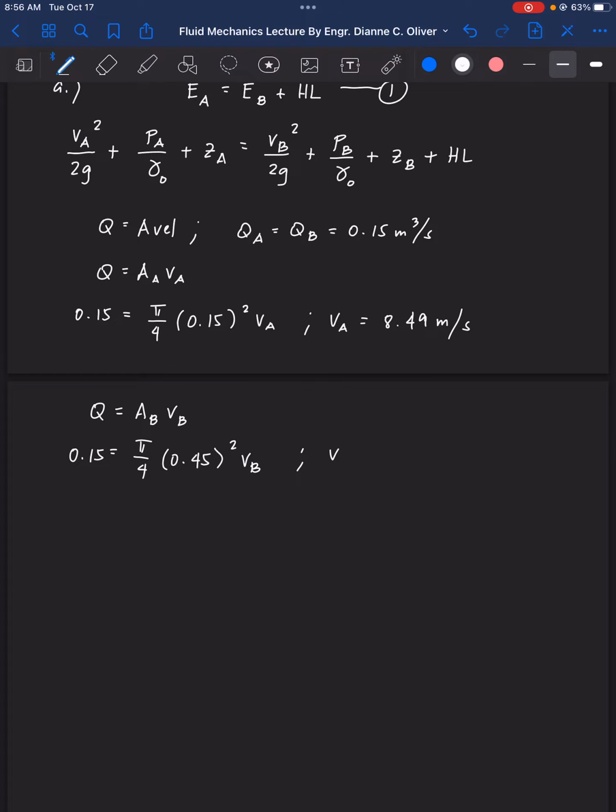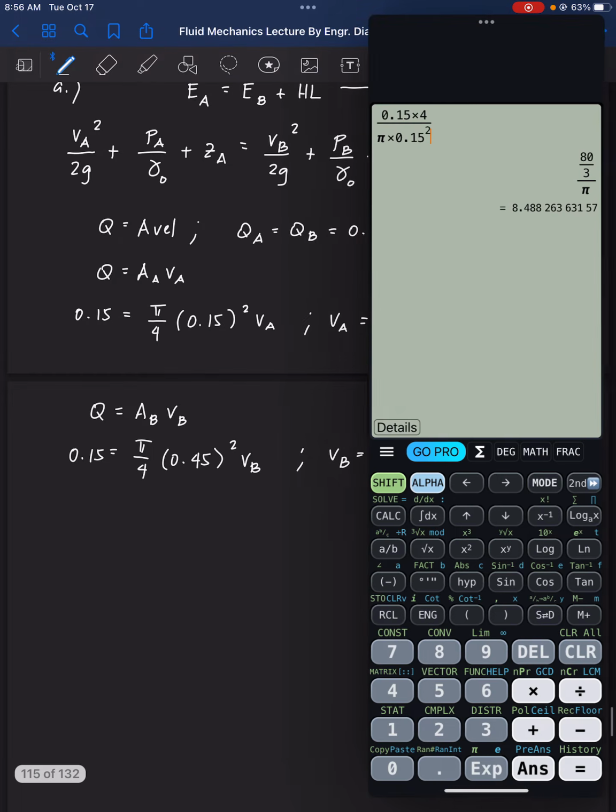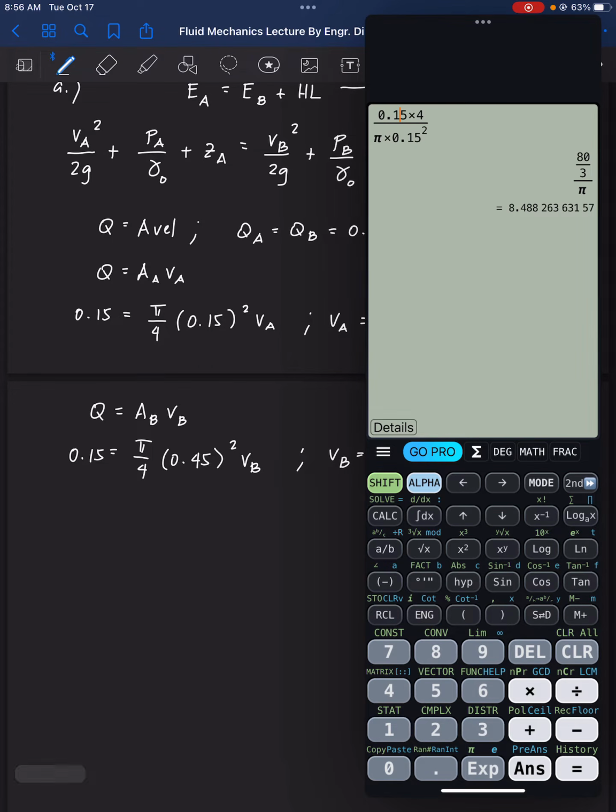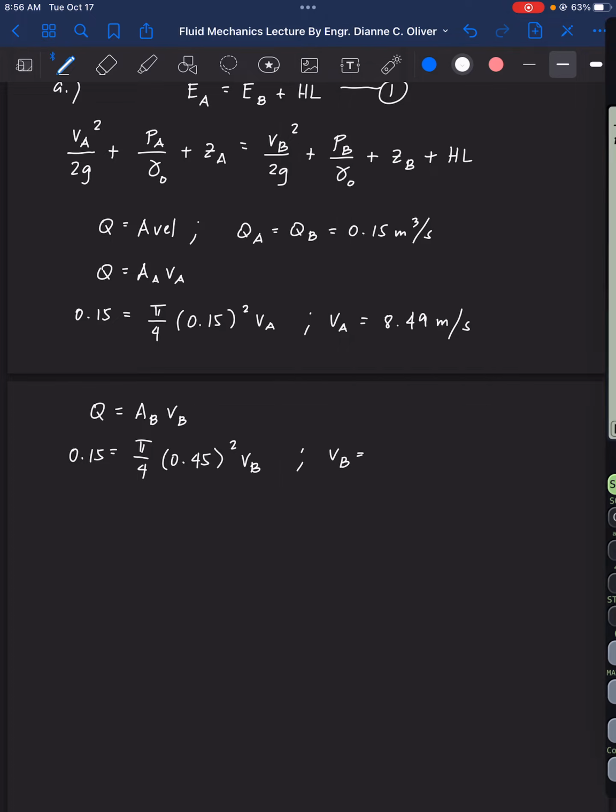We can now have the value for VB as 0.94 meters per second.